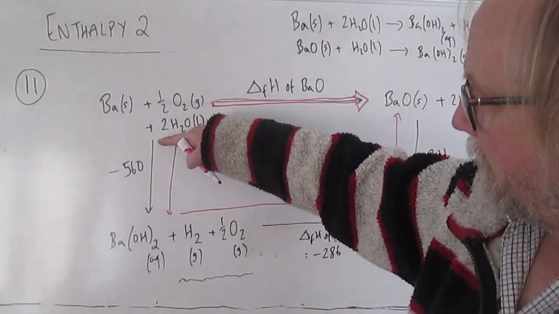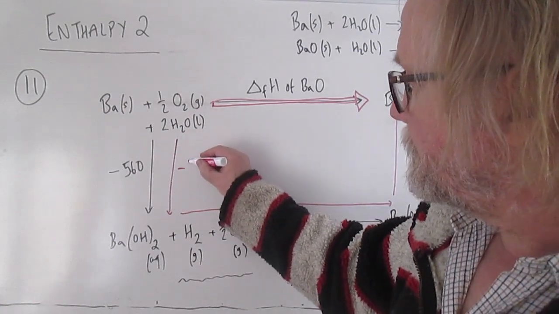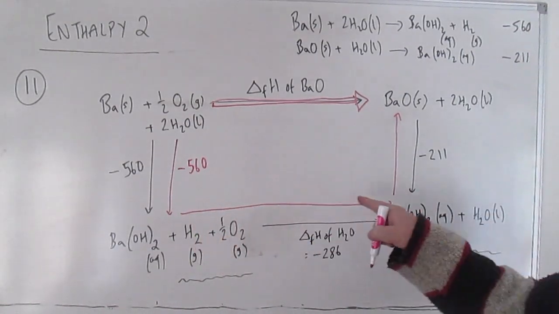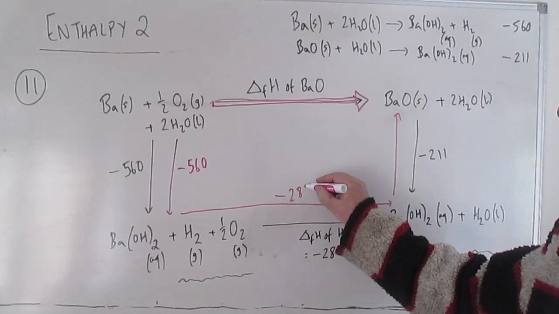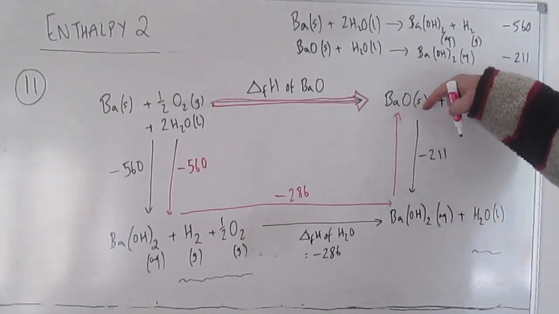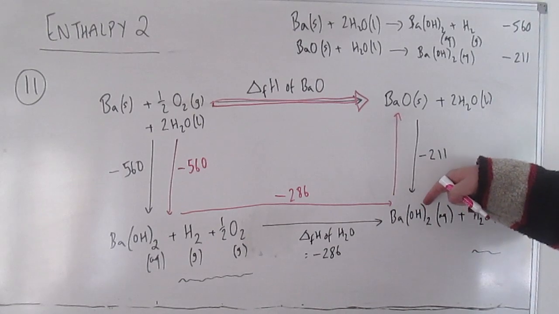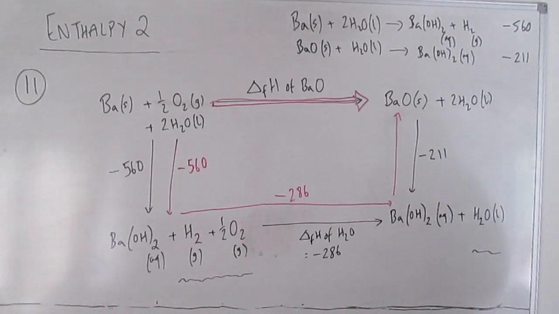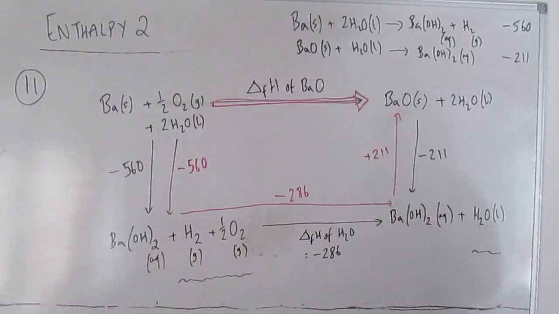The first one is the same as this, because the arrow's going in the same direction, so that's minus 560 kilojoules per mole. This one is the same as that one, so that's minus 286. But the third one is going the wrong way. It was minus 211 going to form barium hydroxide, but we're unforming it, turning it back into barium oxide, so it's plus 211 going that way.